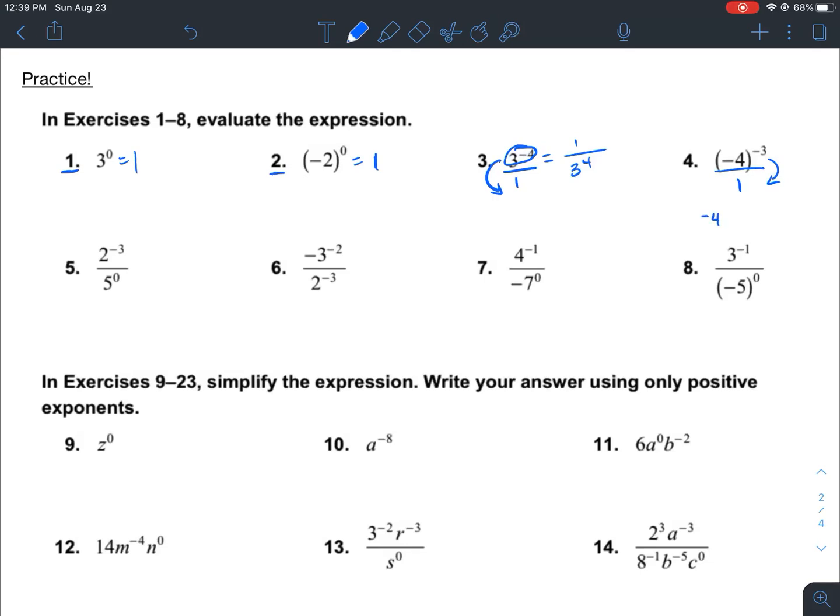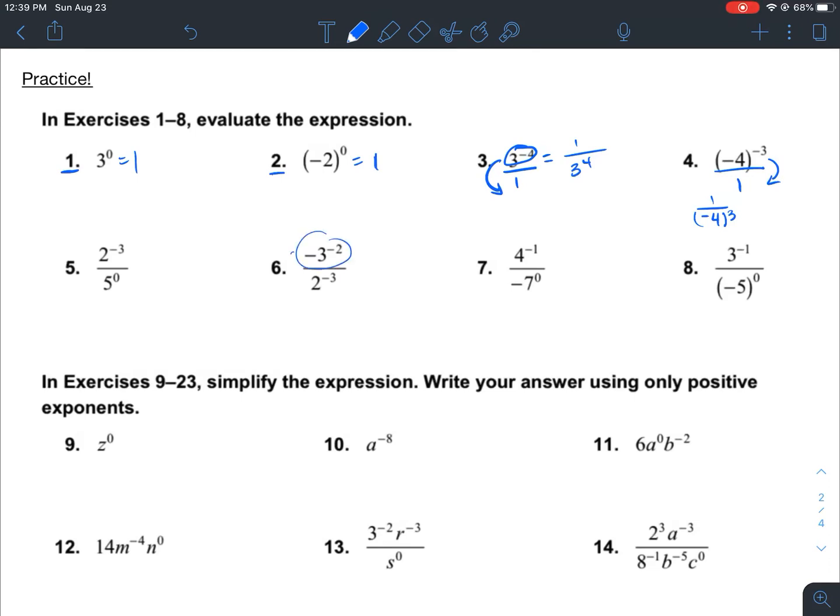So we have -4 cubed. So now our exponent is positive. So let's look at 6 for a second, because we have a negative in both of them, right? So we have a -3 to the -2 and a 2 to the -3.